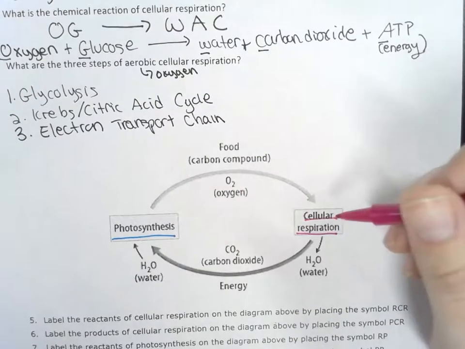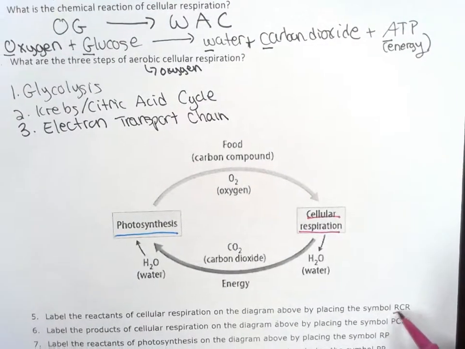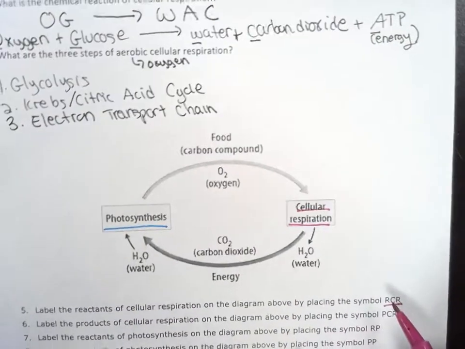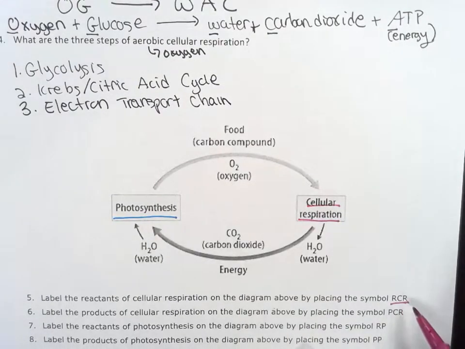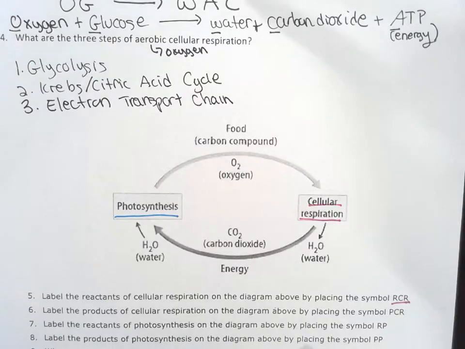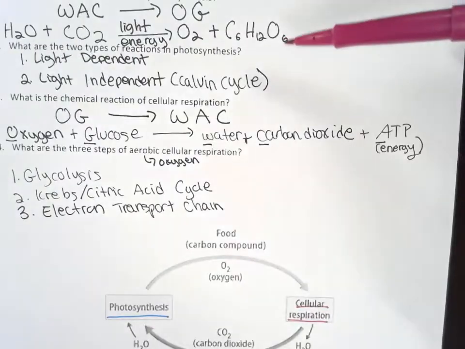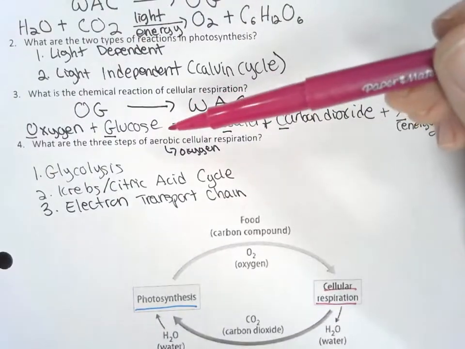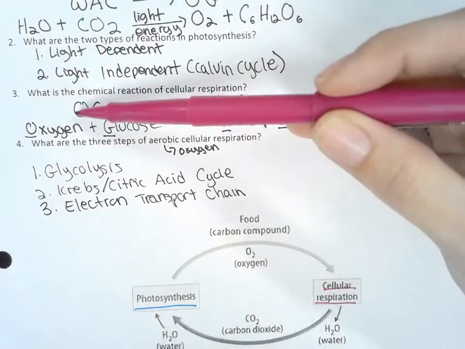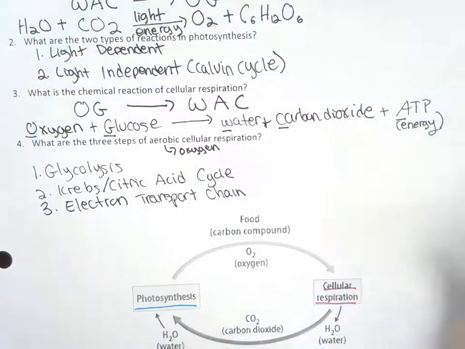So cellular respiration, the reactants, I'm going to label RCR, R for reactant, C for cellular, and R for respiration. I know that my reactants, if I look back at number 3, my reactants of cellular respiration are O and G for oxygen and glucose.